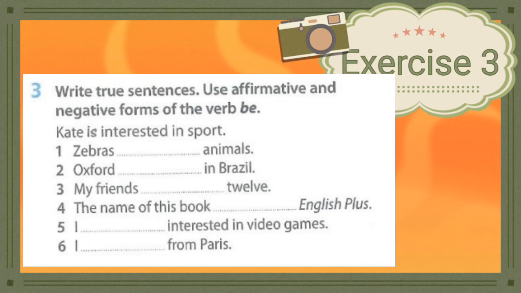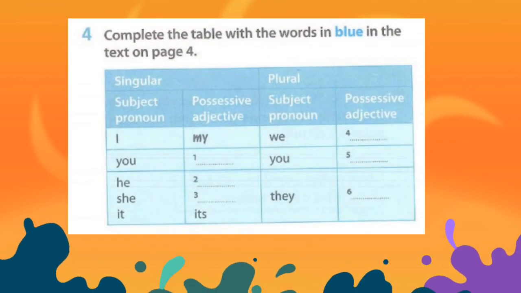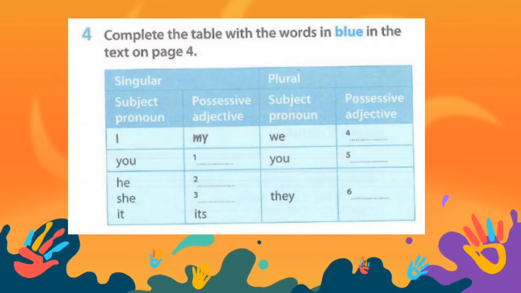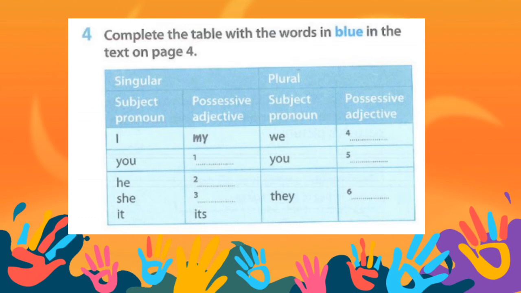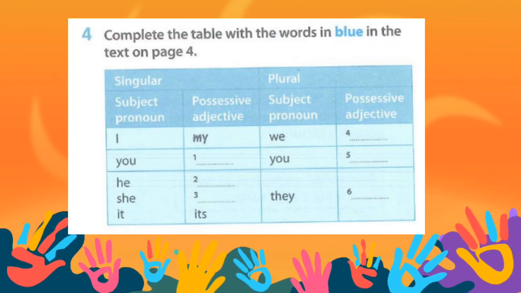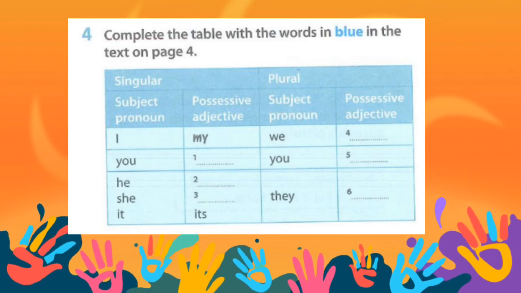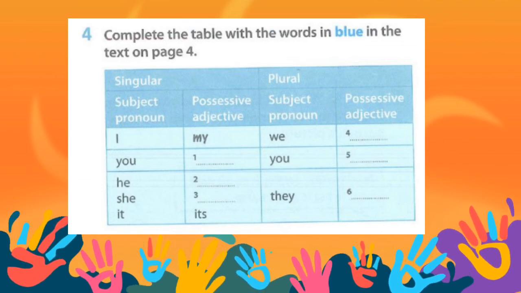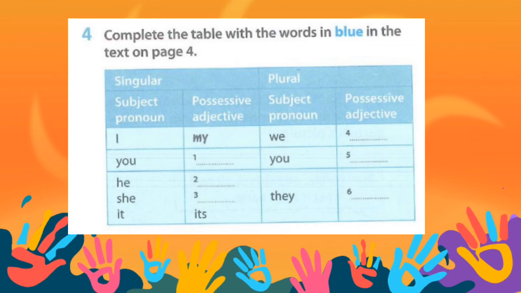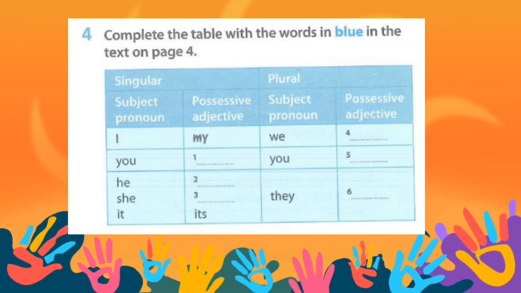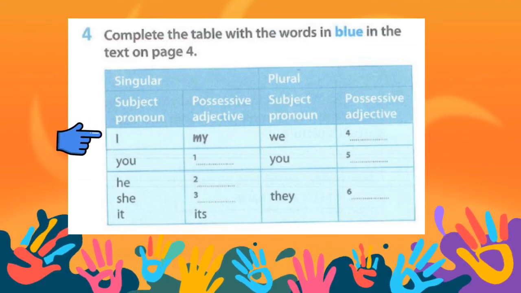You can use be in affirmative form. You can also use be in the negative form. Okay, next, exercise 4. Complete the table with the words in blue in the text on page 4. So you have to fill in this table by referring to the table that I've given you earlier, and it's not that difficult. For example, subject pronoun I, possessive adjective my.